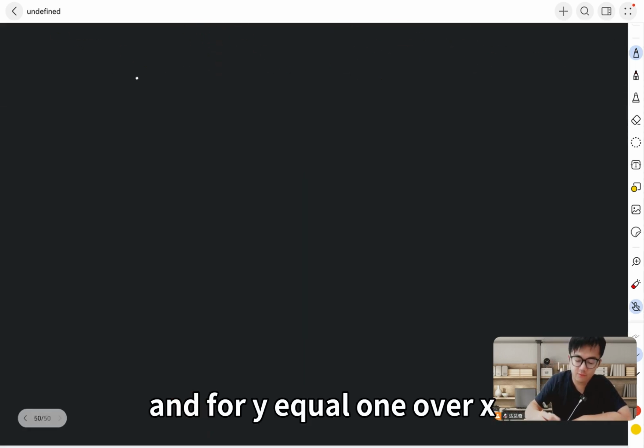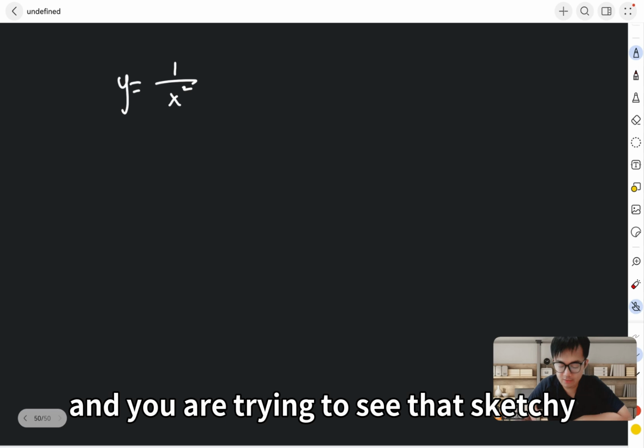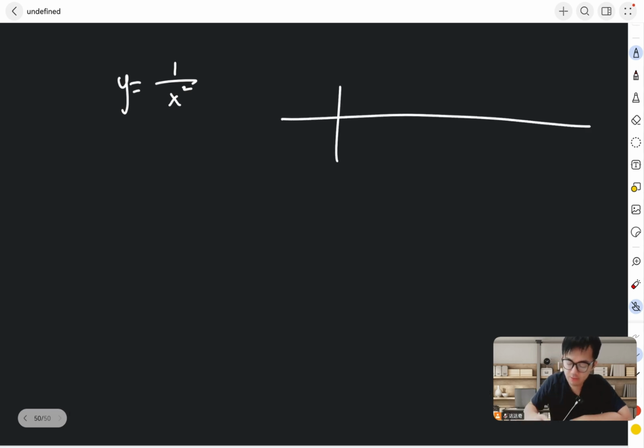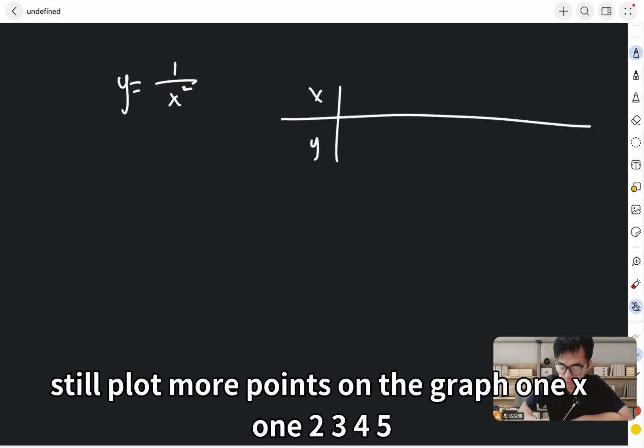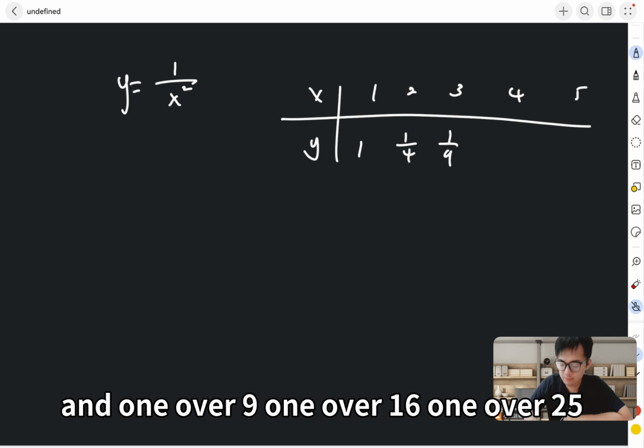And y equals 1 over x squared is also a kind of reciprocal function, and if you're trying to sketch it, still plot more points on the graph. For x is 1, 2, 3, 4, 5, the value of y would be 1, 1/4, 1 over 9, 1 over 16, 1 over 25.